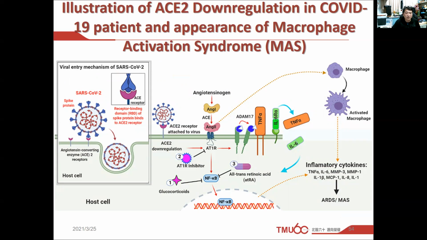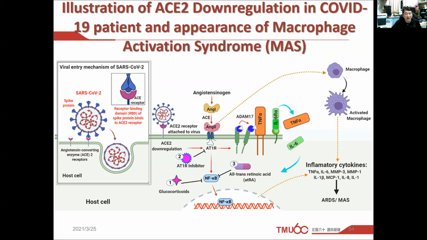And we mentioned in the beginning that depletion of the ACE2 receptor will increase the signaling through angiotensin 2 and the type 1 receptor. This signaling will activate NF-κB, which is a very important nuclear transcription factor for immune cells. Then they will induce a lot of pro-inflammatory cytokines.